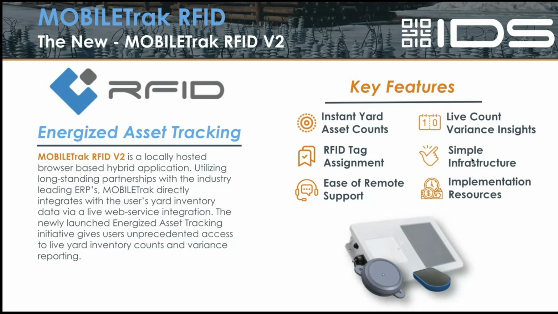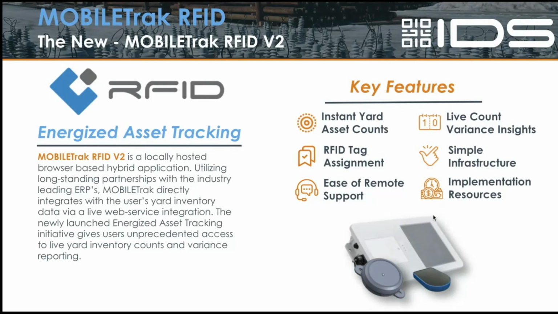It's a low-cost solution, so it allows instant yard asset counts for the entire yard as opposed to cycle counting, and we don't need a person to do it. These are devices we can scatter throughout the yard that have enough range through the beacons to capture the full yard.